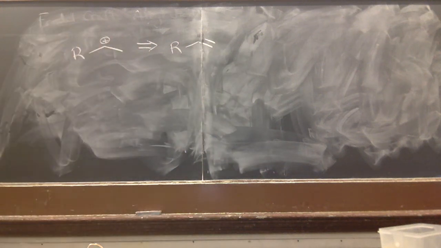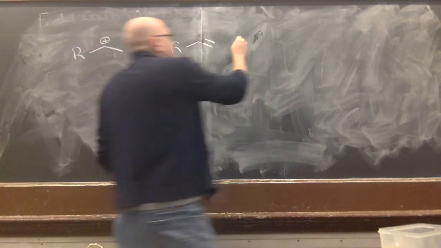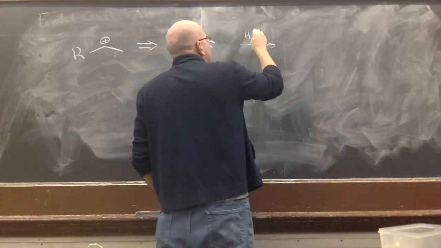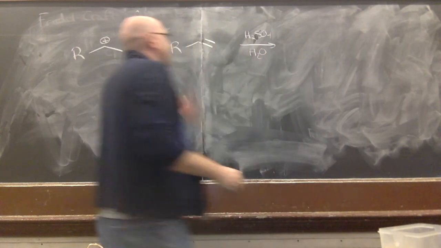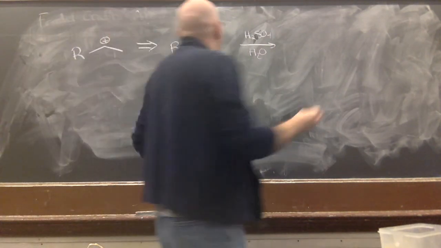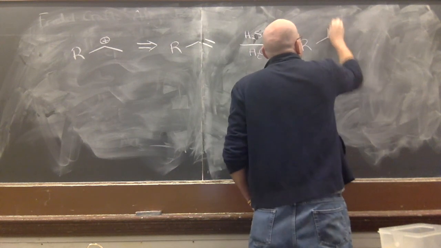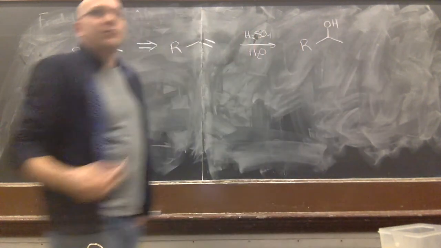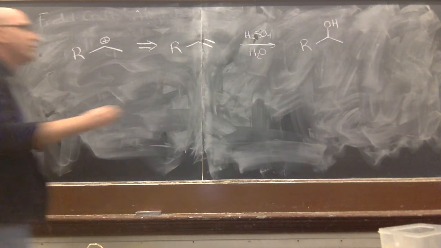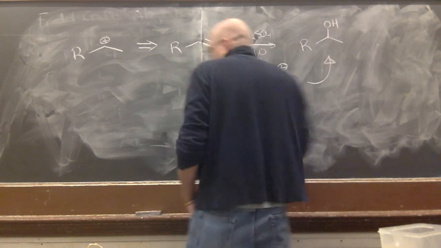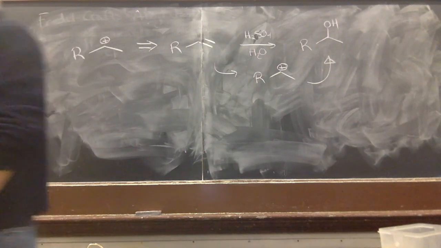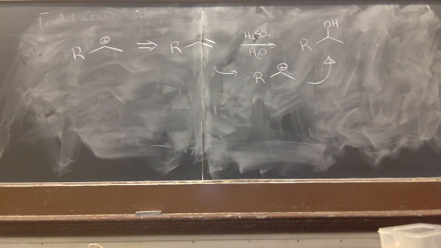So we learned in the past that if you take an alkene and treat it with an acid, say sulfuric acid and water, what's going to happen is you're going to add the water across there, going through a cation.